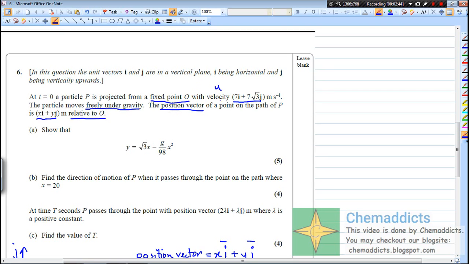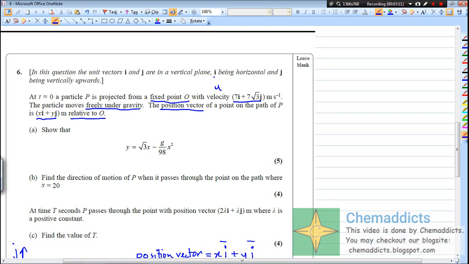If we want to find the components, we just straightly use the coefficients. So in this case, the horizontal component of initial velocity would be 7, and the vertical component would be 7 root 3. So we can straightly write this from here.